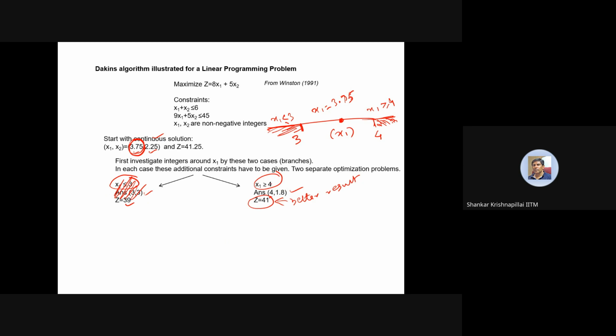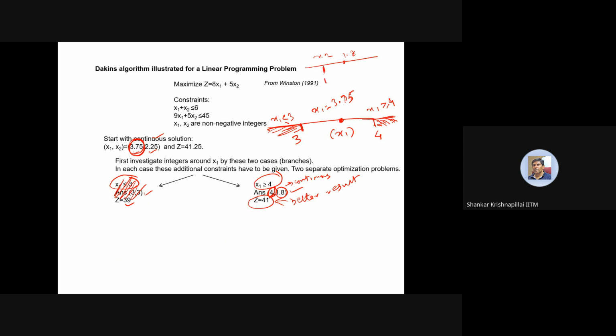So now you can look here carefully. x1 has become integer and x2 has become continuous. Okay. So x1 has become integer. So next we will try to make x2 also reach the nearest integer. Okay, so let us look at this. x2 is 1.8 now.